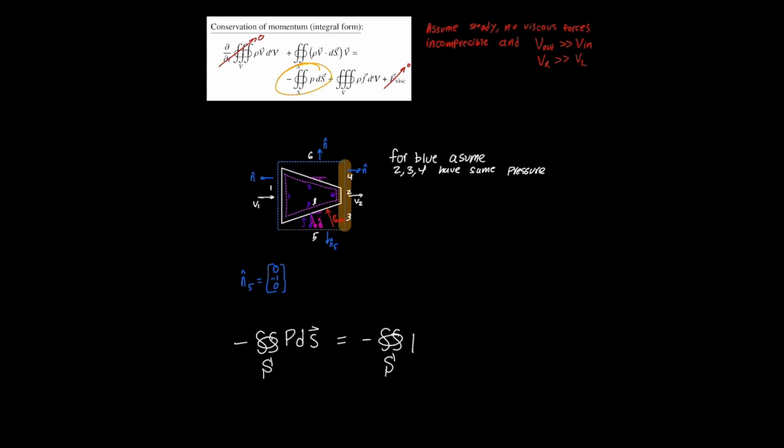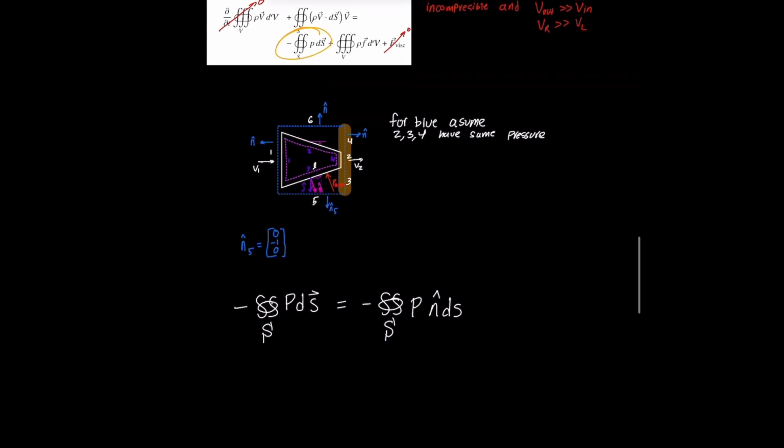and then when we do that, we know that the ds vector is the same as the normal vector times ds. And so when we're just looking at surface 5, we know that the normal vector is pointing down in the negative y direction, so we put negative 1 there.